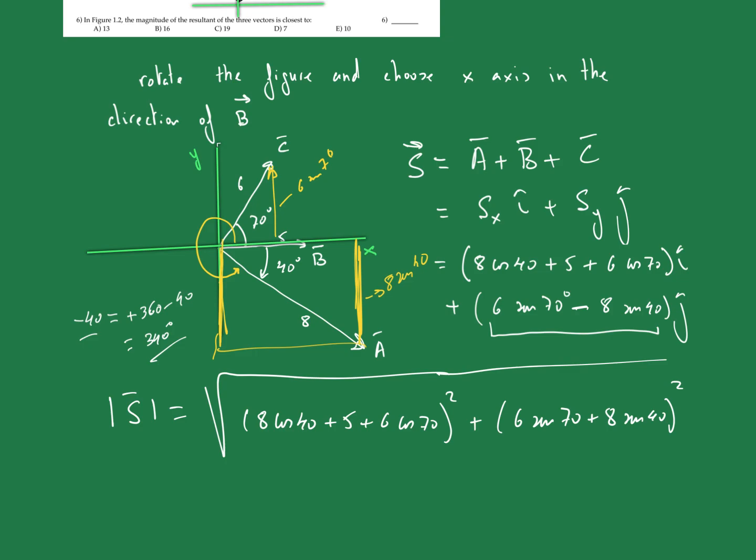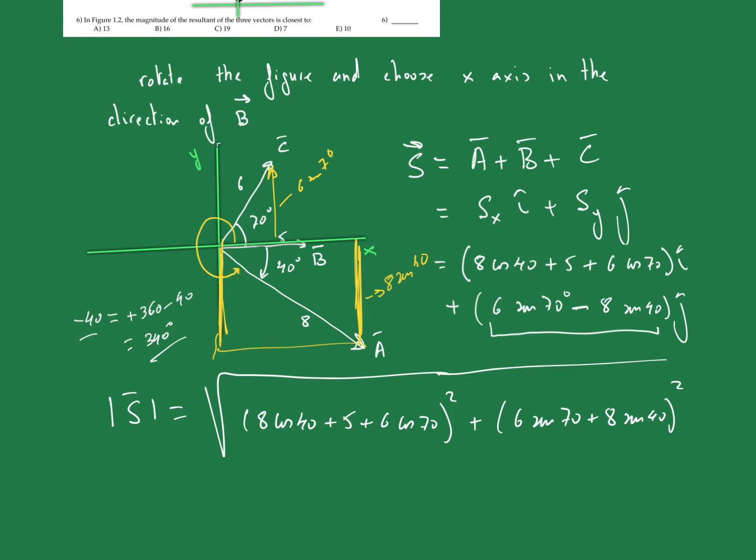So what is the magnitude of the vector? The magnitude of the vector is the square root of sx squared plus sy squared, where sx and sy are the components of the vector. This is the length. This is the Pythagoras theorem.